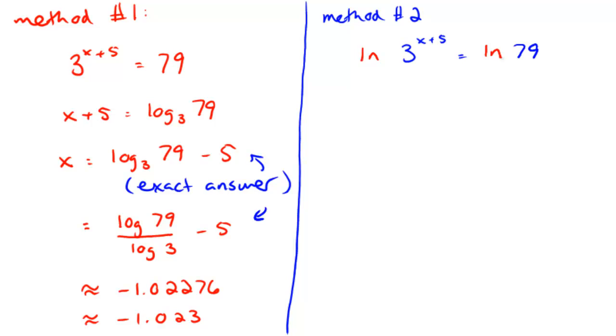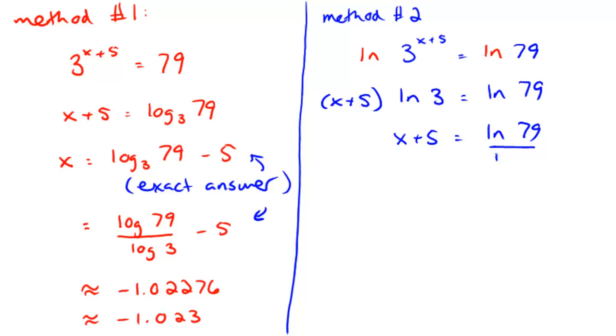And provided that we have nice positive numbers, then this is absolutely a legitimate thing to do. And then notice how we can now use our properties of logarithms to bring the exponent down using the power rule. So then x plus 5 is equal to ln of 79 over ln of 3.